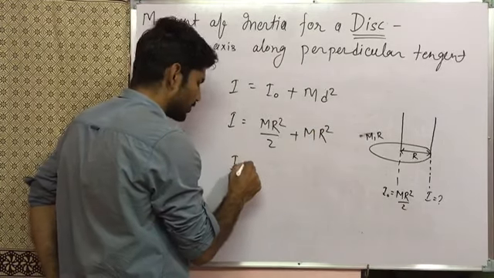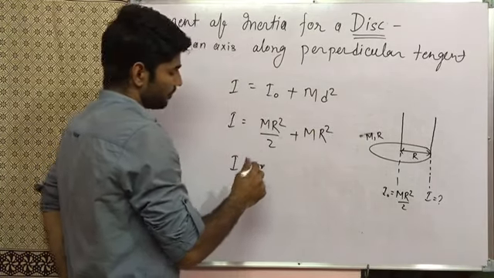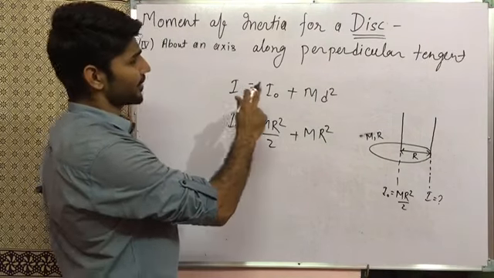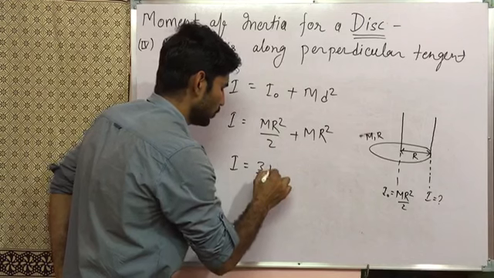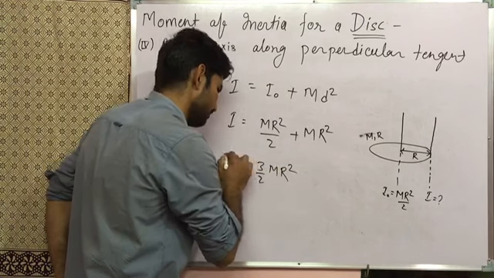So the moment of inertia for a disk about an axis along the perpendicular tangent is 3 by 2 MR square.